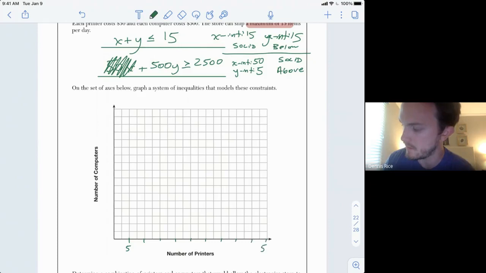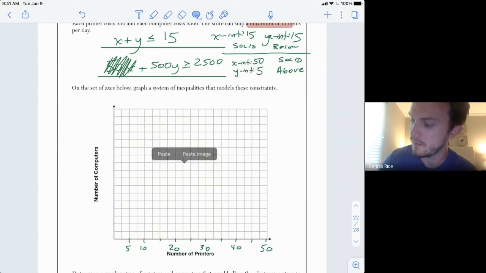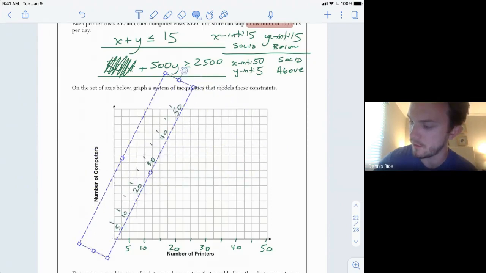Yeah, that works. And let's cheat the system here. Oh, wait, that's not going to work. Oops.